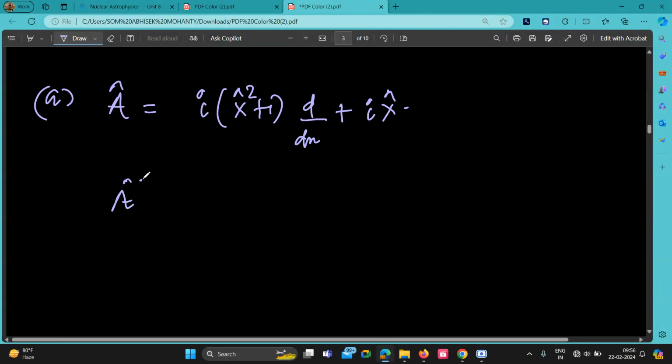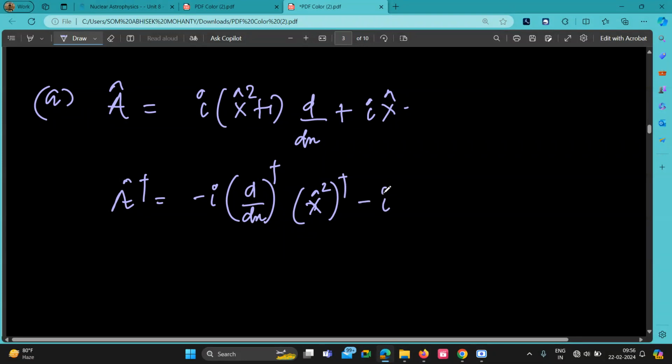So A dagger I will write as minus i d/dx dagger, x² dagger, minus i d/dx dagger, minus i x dagger.